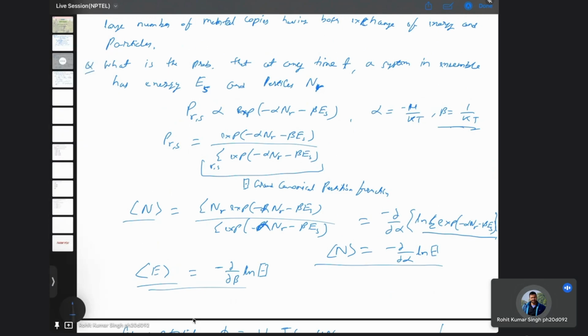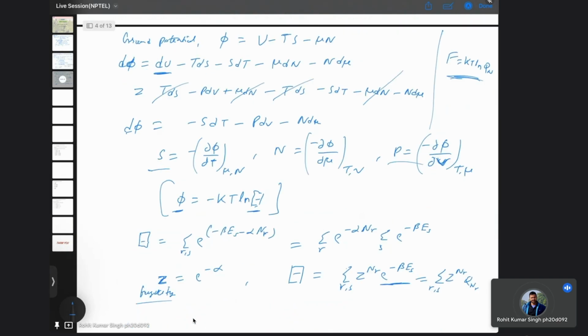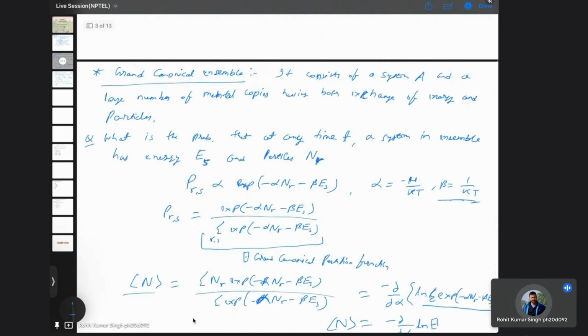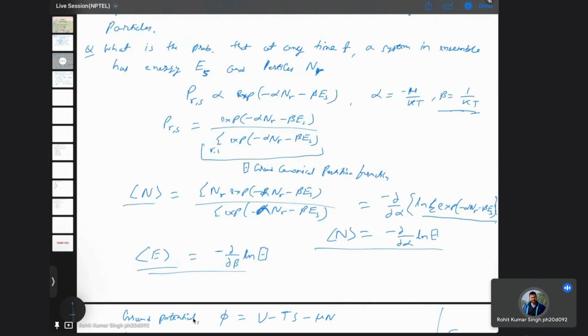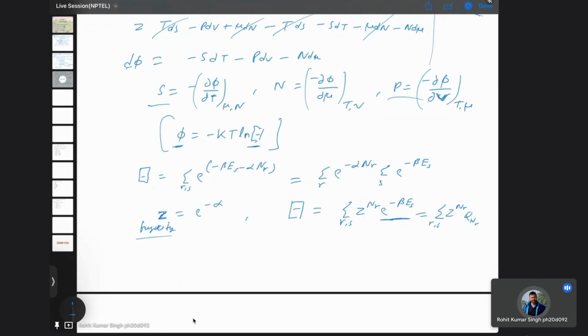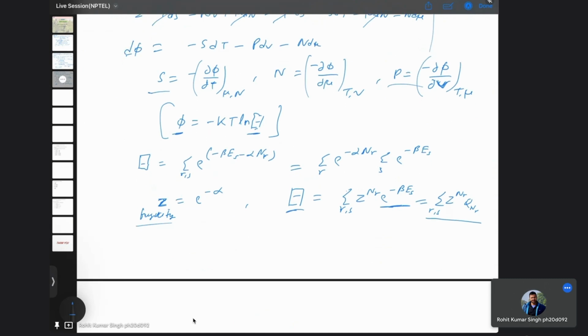Suppose you don't want to take the derivative with respect to alpha, which can be complicated. Since you have written the grand canonical partition function in terms of this fugacity, you can calculate the average number of particles.